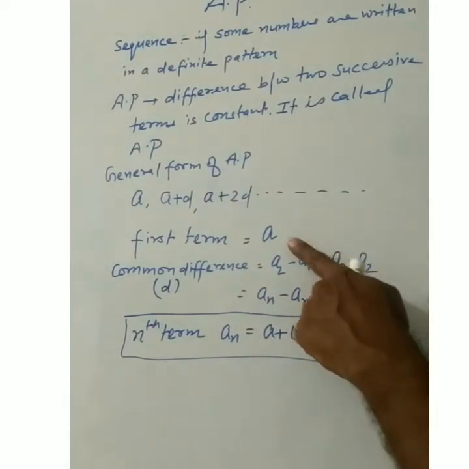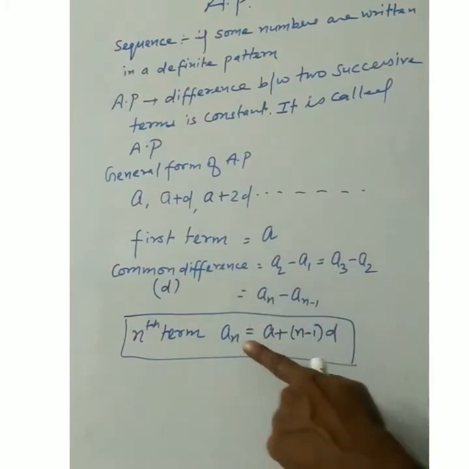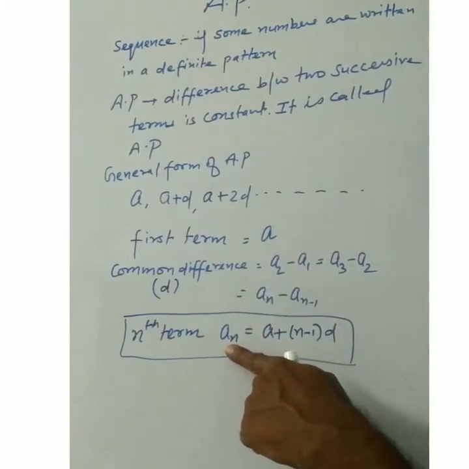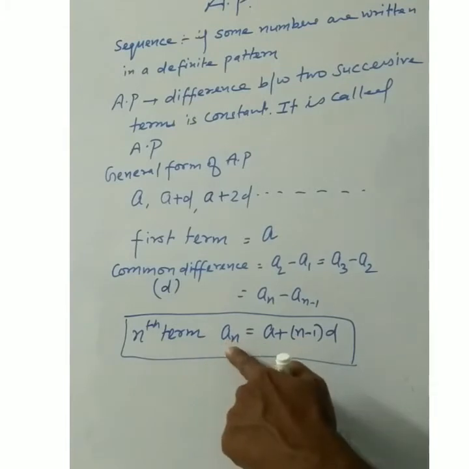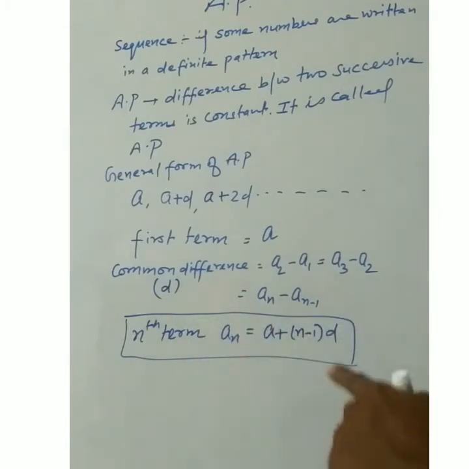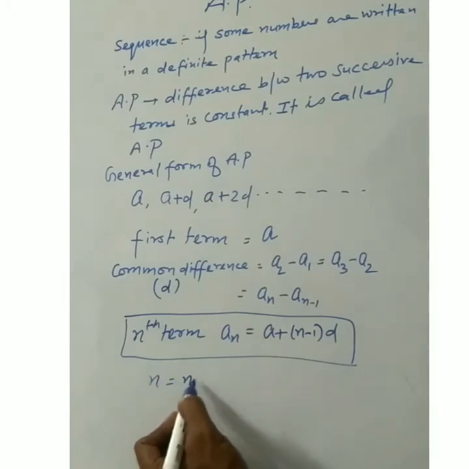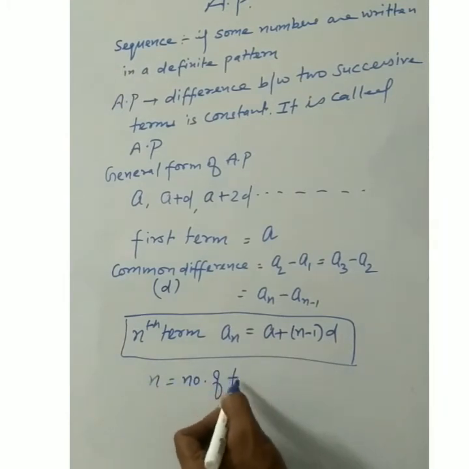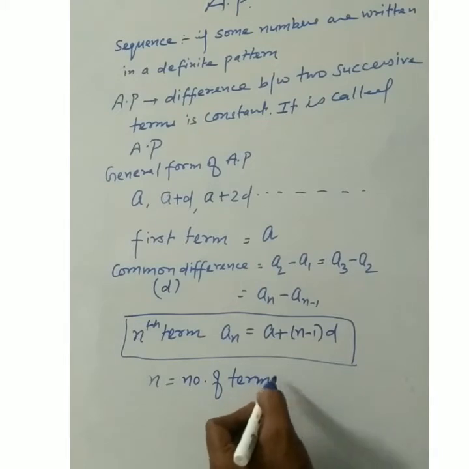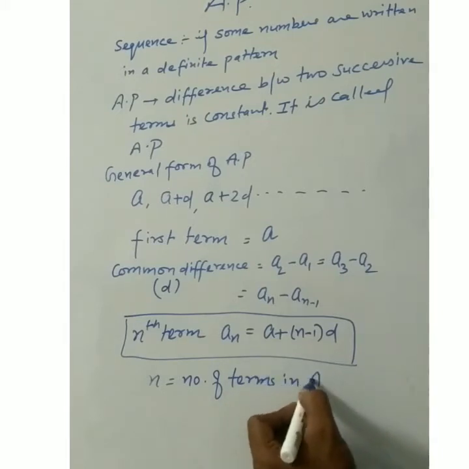A is the first term, D is the common difference, an represents the nth term and n is the number of terms in AP.